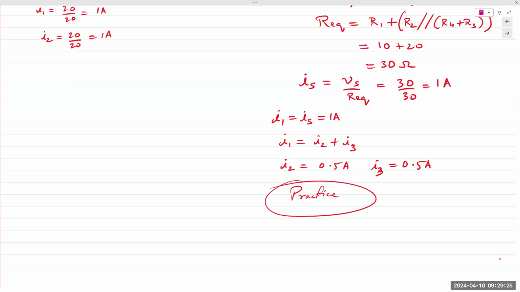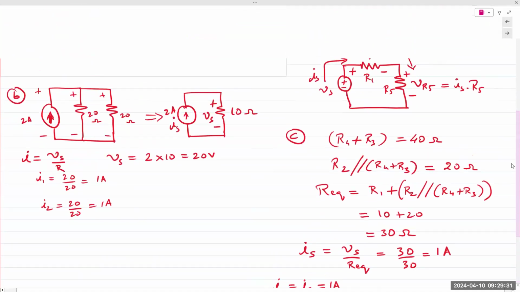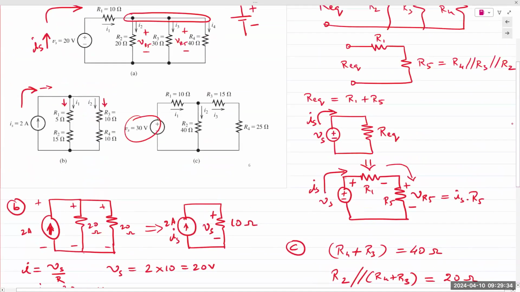Write out the equation by using Ohm's law. Find the voltage across that branch. Find the voltage across R2. Find the voltage across R3 and R4. You don't have to find the voltage across R3 and R4 individually. You can find it across the combination, but again, it's good practice. Okay, any questions?